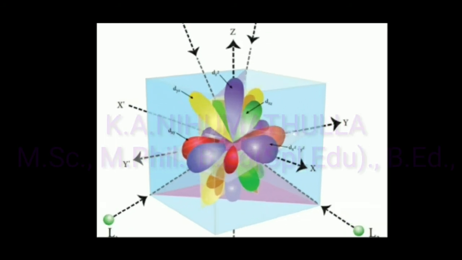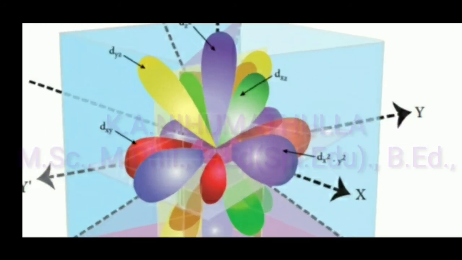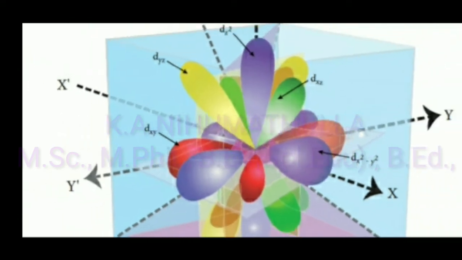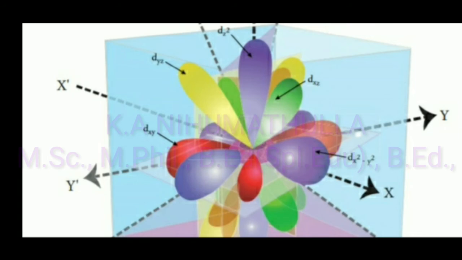Now look at the center part of this image. You can see a circle that indicates the central metal ion, maybe copper 2 plus, nickel 2 plus or platinum 2 plus. And the loops with different colors indicate the orbitals.